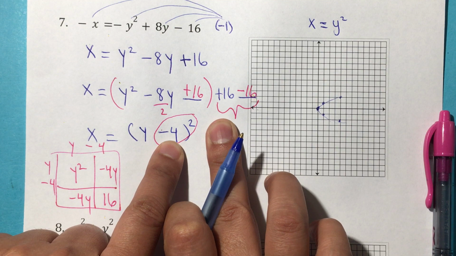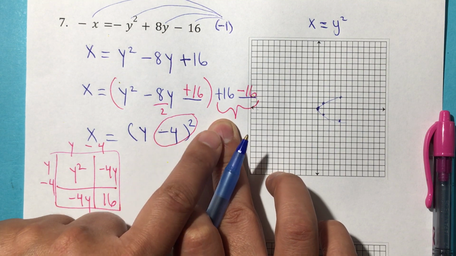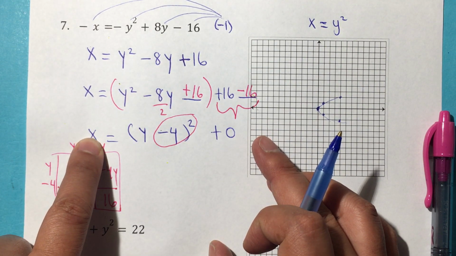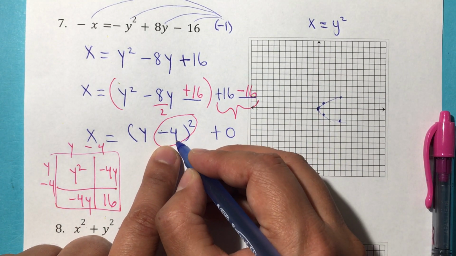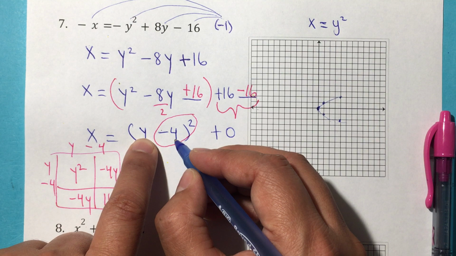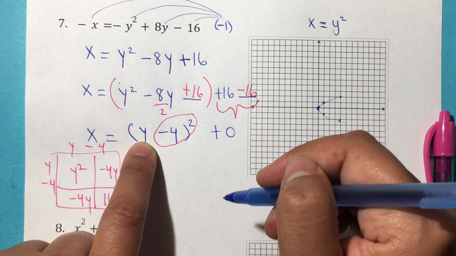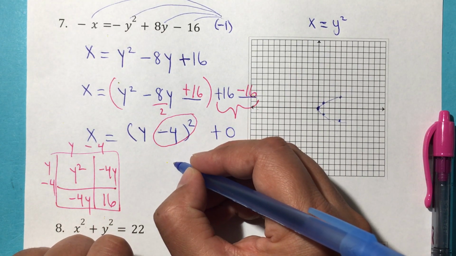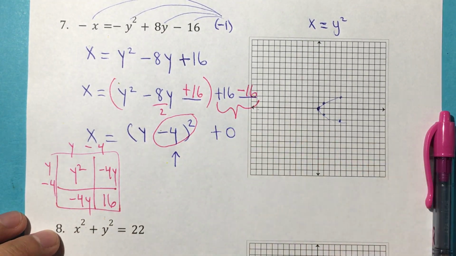And again, what this means is that we don't move anything on x. This is related to x. And we move this the opposite direction of that variable. So y is up and down. When it's negative, the opposite will be positive, meaning that it's going to go 4 spaces up.